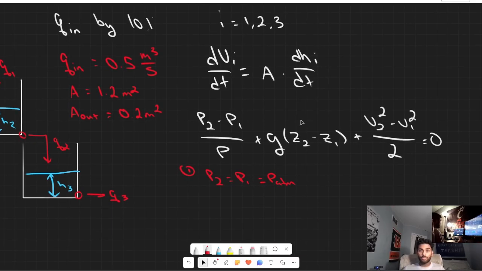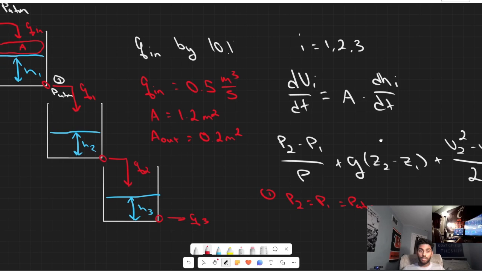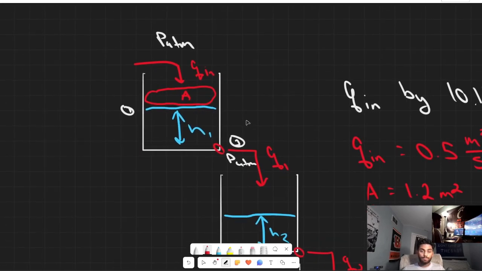And our second major assumption actually has to do with our velocities. We've defined that our cross-sectional area is 1 squared meter more than the area of our outlet. Therefore, we are probably going to have a much higher velocity coming through our outlet than the velocity of the fluid at the cross-sectional area.